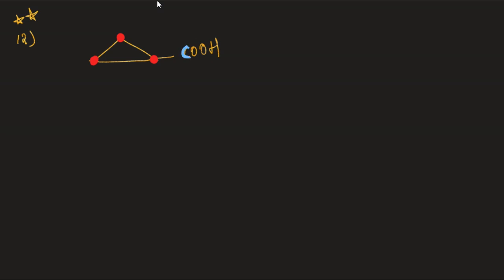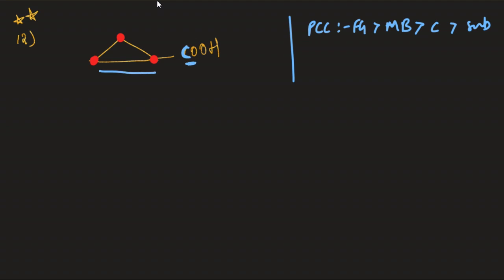As you know, I said whenever you choose a parent carbon chain, the first priority should be what? While choosing the parent carbon chain, the first priority is functional group. After functional group, multiple bond. After multiple bond, maximum number of carbons, then you have to go for substituent. So now there is a doubt: ma'am, should I take this one as a parent carbon chain or the ring as a parent carbon chain? So always remember, take the ring as a parent carbon chain, because this is just a functional group. This is not a chain.